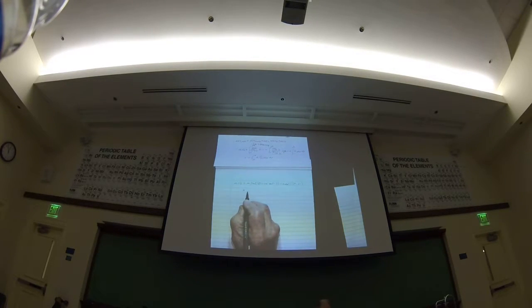This, do that whole calculation, it comes out to be 41.19 joules. That's it.